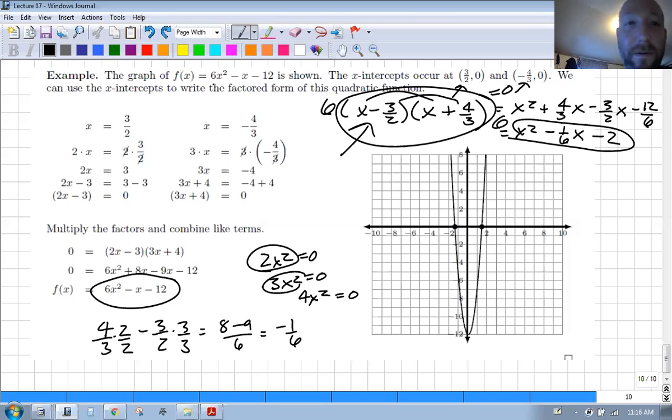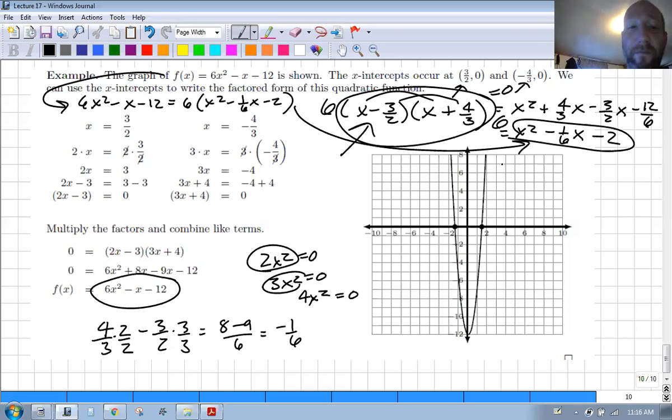Here, I'll show you. Our function here, 6x squared minus x minus 12. If I factor a 6 out, this is x squared minus 1/6 x minus 2. It's the same thing we have here. Okay, so just using the x-intercepts, that doesn't give us the whole parabola. We also need to use our vertex here.